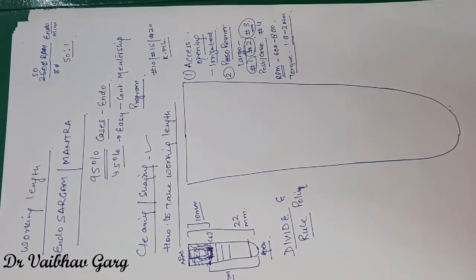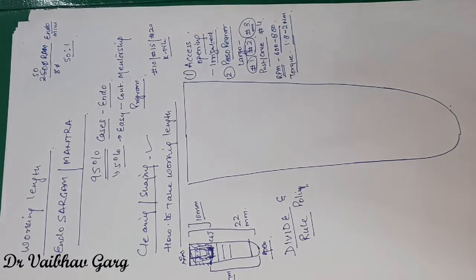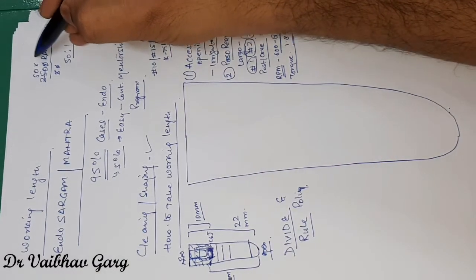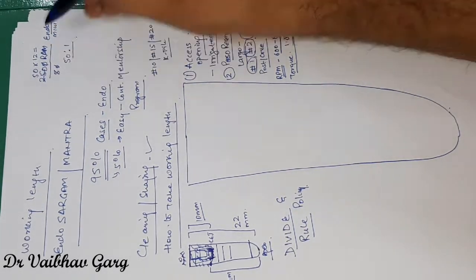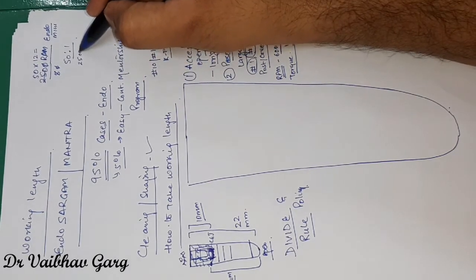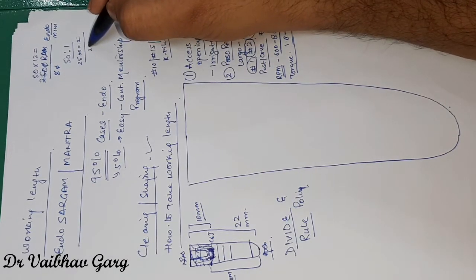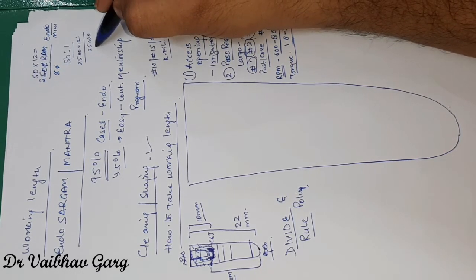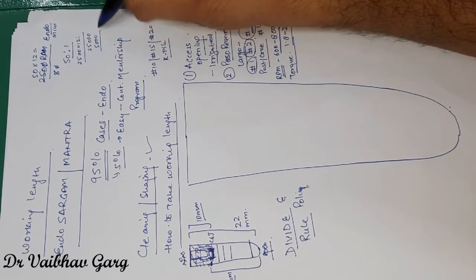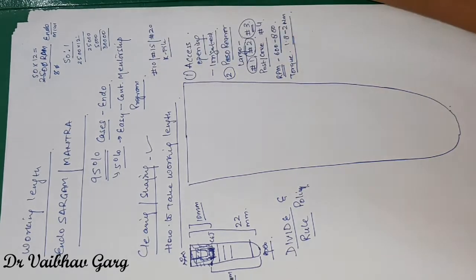So if I need to have 600 to 800 RPM, that means I need to have at least 12 times the speed, and 2500 into 12 will be 30,000 RPM.